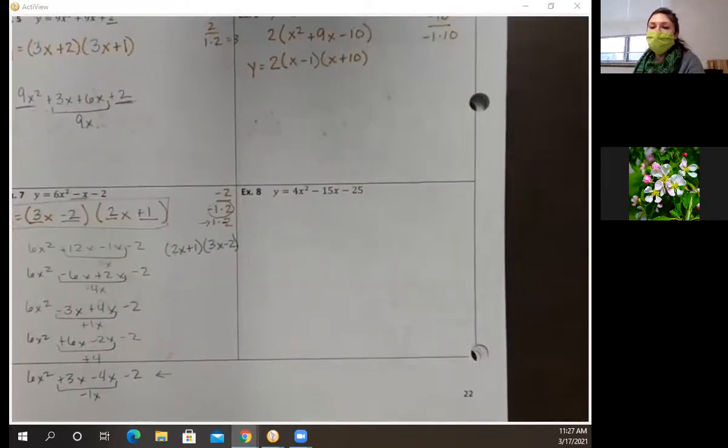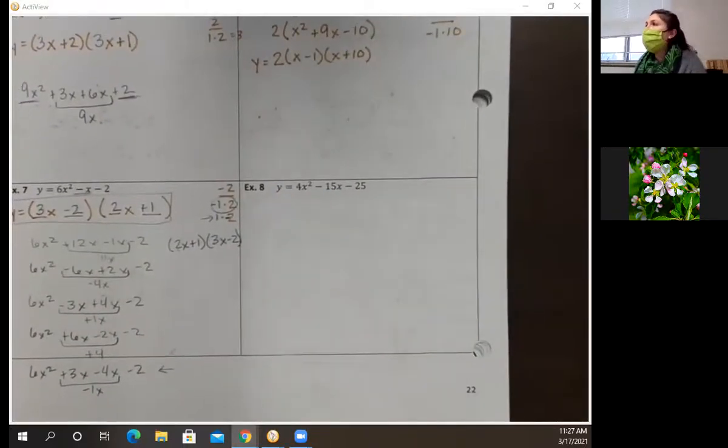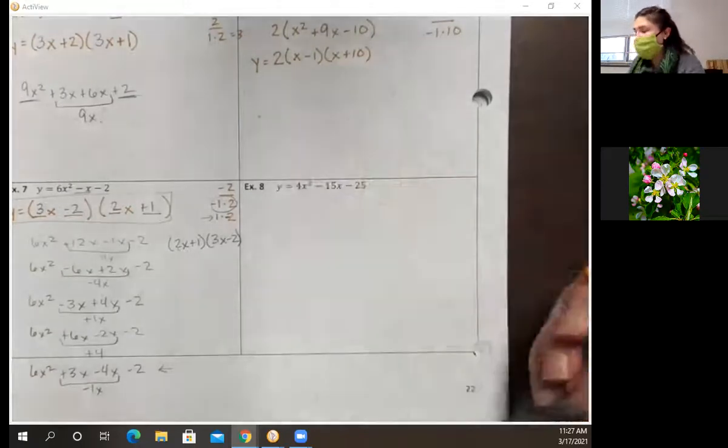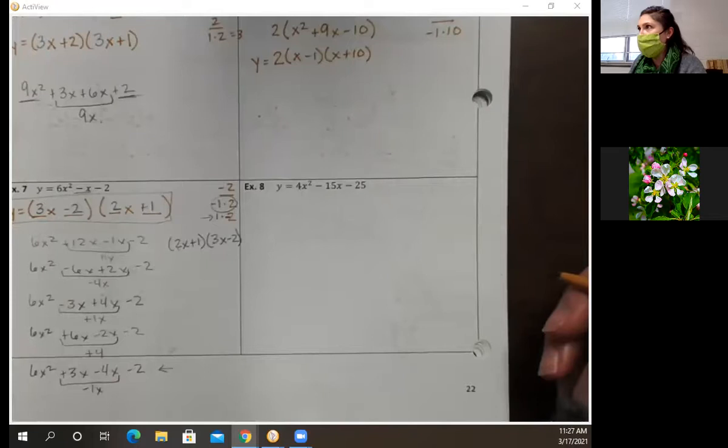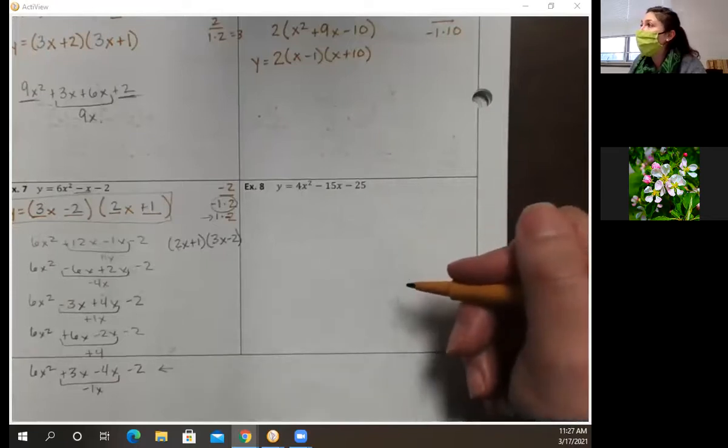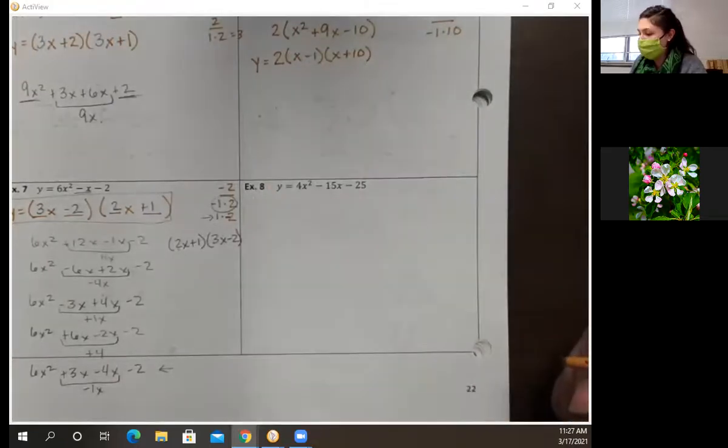Okay, one more. Let's try number 8 really quickly. I want to talk a little bit more about that number sense idea here as we look at example 8. So I've got 4, which is not prime, and negative 25, which is also not prime. This is probably the hardest problem on this paper because I've got so many things that are not prime.